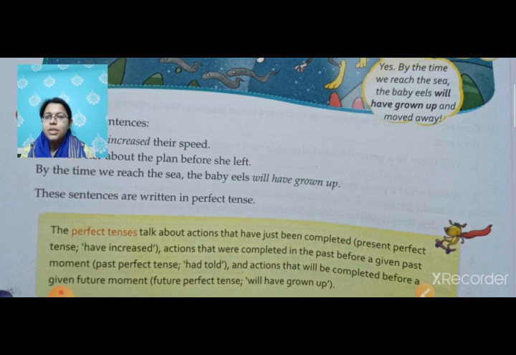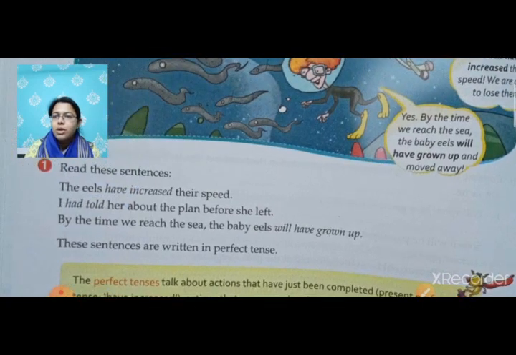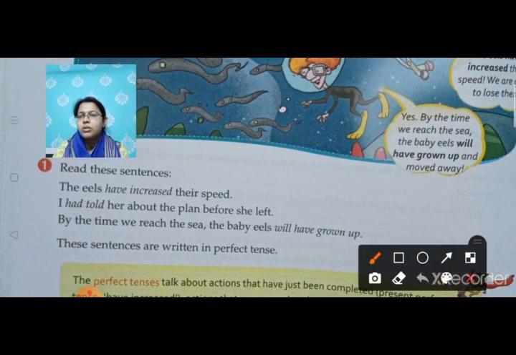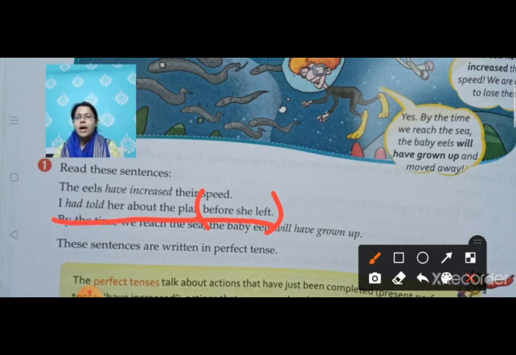Actions that were completed in past before a given moment, that is called past perfect tense. Over here, if you see the second sentence, students, I had told her about the plan before she left. So here there is another moment which happened in past, वो चली गई और उसके पहले ये बात हो चुकी थी. I had told her about the plan.